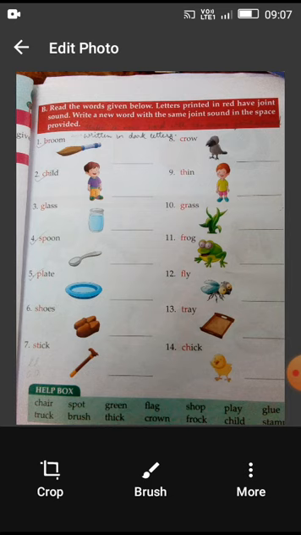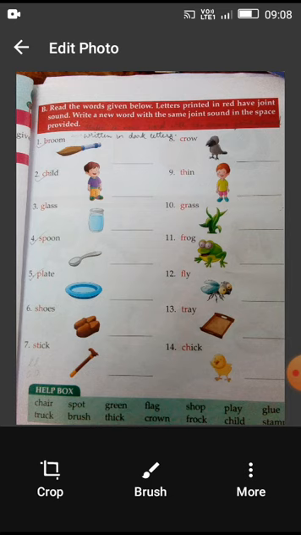for each joint letters, one word is given here, and now you have to write one more word with the joint letters in the blanks. You can take the help of the help box. You can see here in the down part the help box is there, and you can take the help from there.